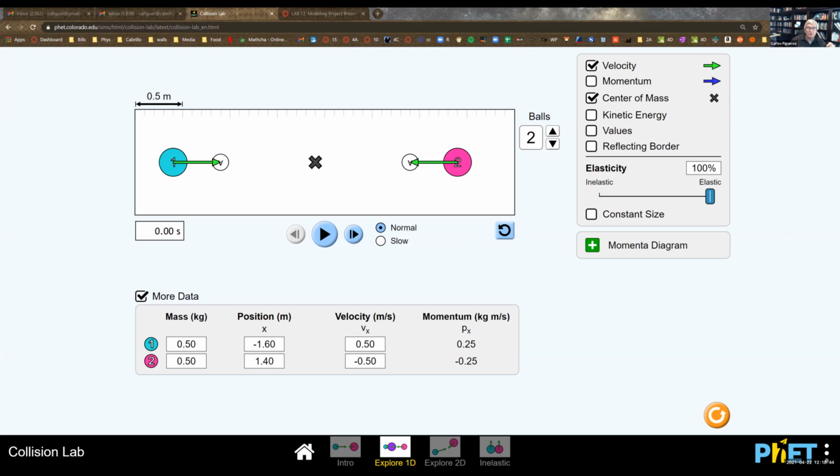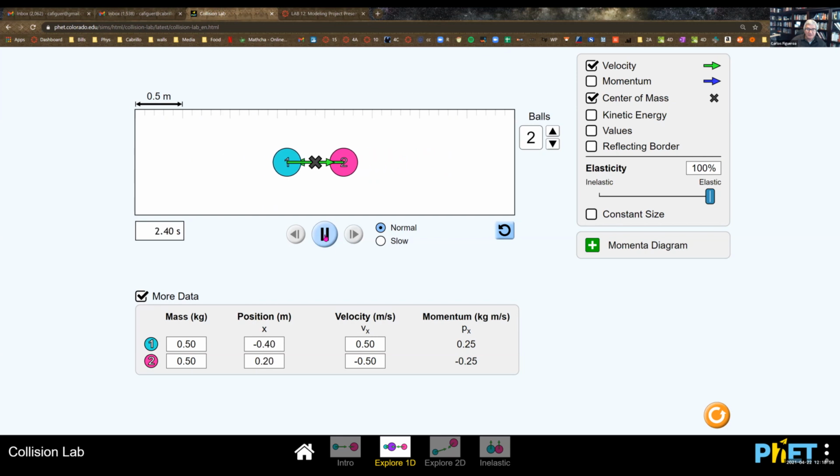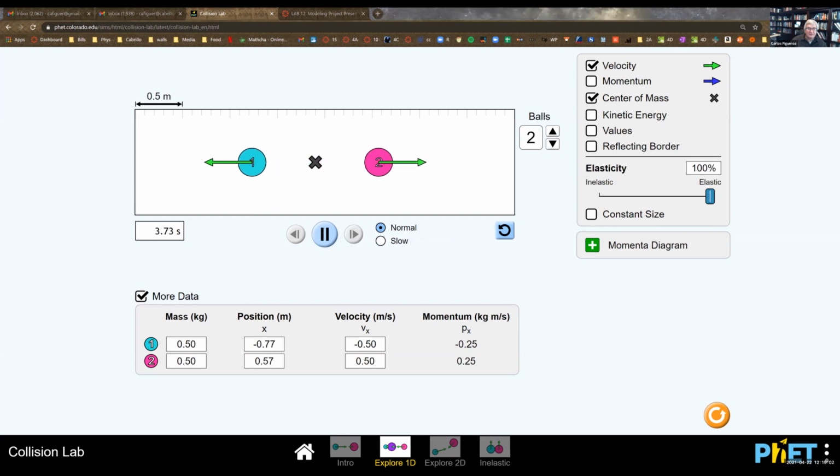Now, what I'm going to do here is, this guy better not move because these guys have equal masses and the center of mass should be fixed. So look what happens. I'm going to run it. And as I run it, you can see that even afterwards the center of mass does not move.